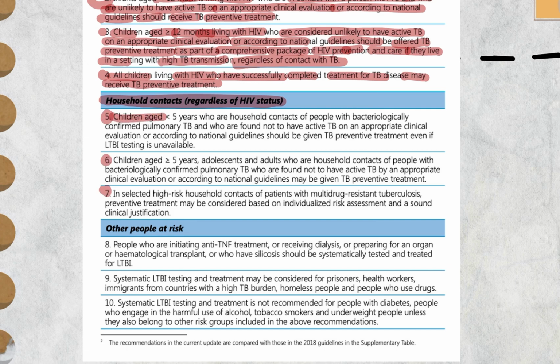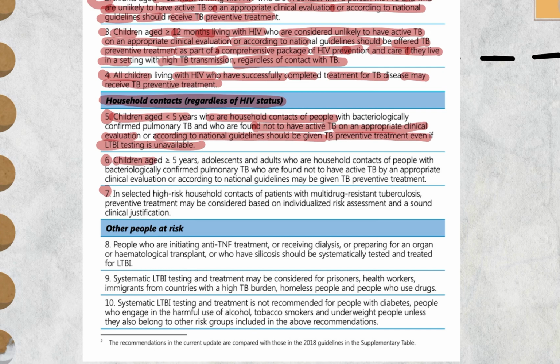Number one was children of less than 5 years who are household contacts of people with bacteriologically confirmed pulmonary TB and who are found not to have active TB on an appropriate clinical evaluation or according to national guidelines should be given TB preventive treatment even if latent TB testing is unavailable. So household contacts of confirmed TB patients less than 5 years of age should get preventive treatment.